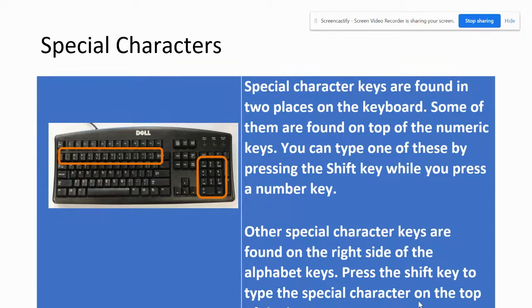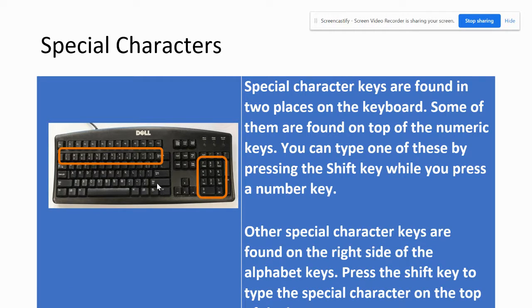Special characters. The special characters are also found on the numeric character keys. How we get those to work is that we have to press the Shift key. So where is the Shift key? Well, there is one on the left side and the right side of your keyboard.